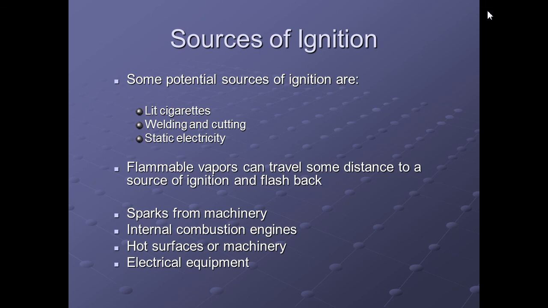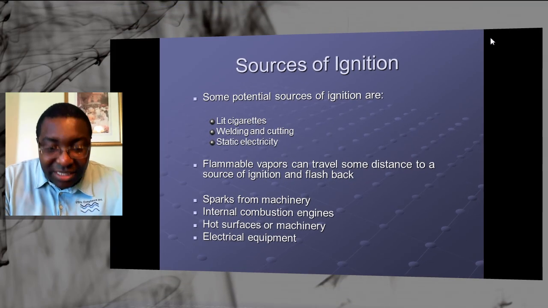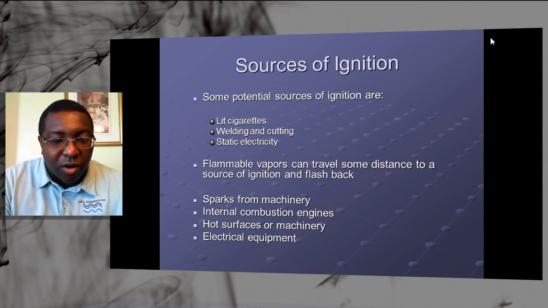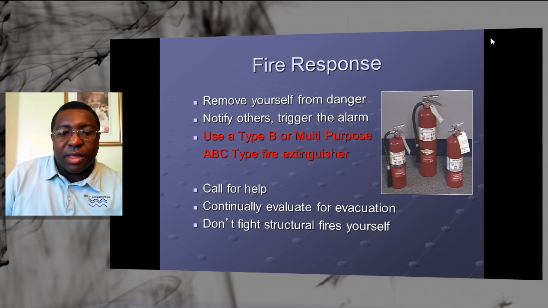Static electricity can cause some of the flammable vapors to ignite. Sparks from machinery and combustible engines, because the combustible engine has to have some sort of spark in order to work, are things that are going to give you a flammable source. Your electrical equipment also is that.